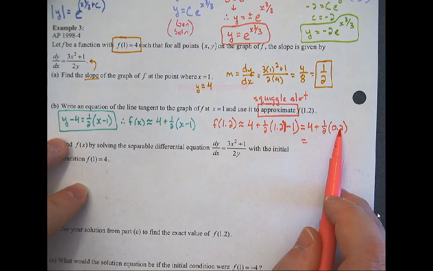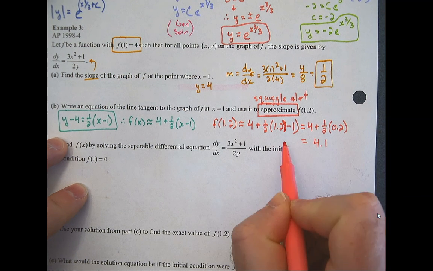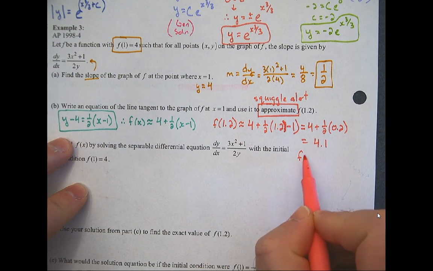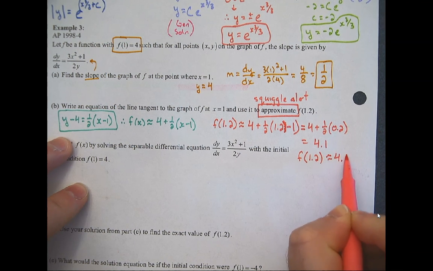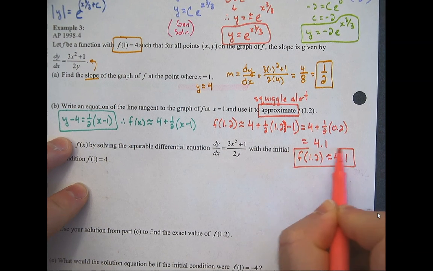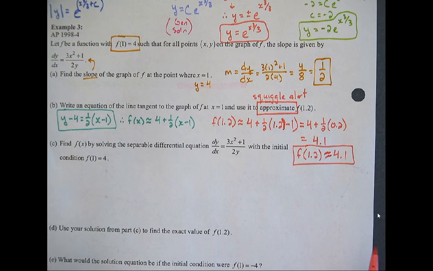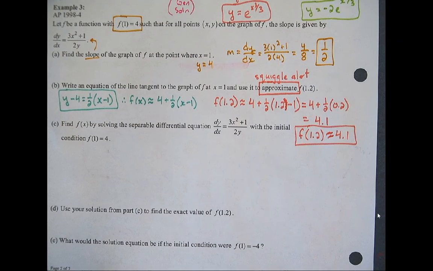Half of 0.2 is 0.1. 0.1 plus 4 is 4.1. So if we wanted to write this up nicely, we'd write f of 1.2 is approximately 4.1. And our work, those are approximately, those are awful, but those are approximately symbols. Okay, we'll let that slide.